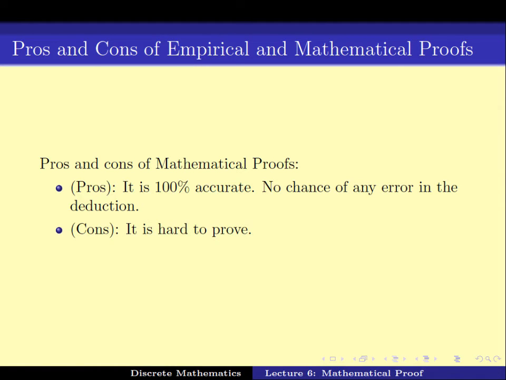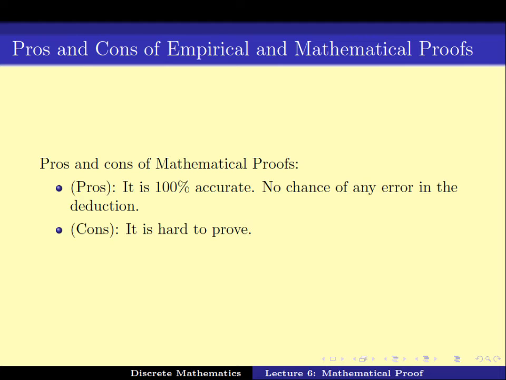The disadvantage is, of course, the fact that it is hard to prove. It isn't the easiest proof to come up with. While the empirical proofs are easy because you just have to test it out on some instances, mathematical proofs can be extremely complicated. You might remember these things from your high school or other places where you have to come up with very creative ideas for getting a mathematical proof.